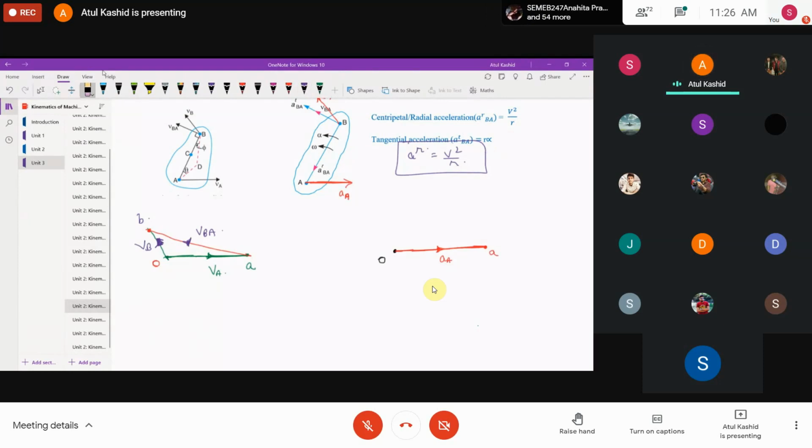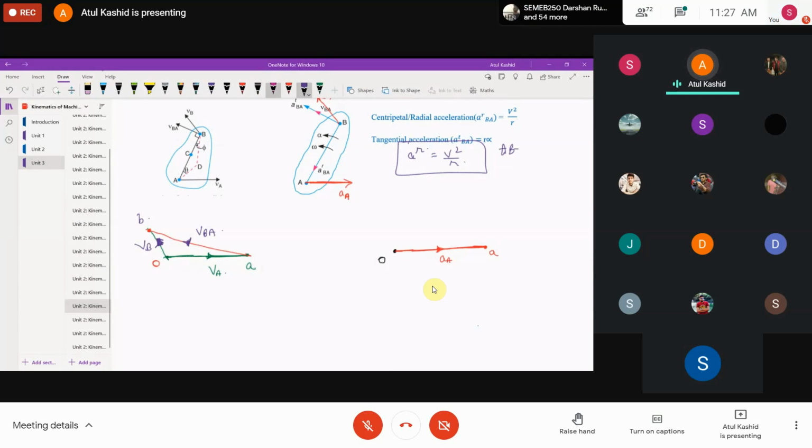We know that radial component of acceleration is parallel to the link. So if we are talking about the link AB, the direction of the radial component of acceleration will be parallel to the AB, right? But towards which side is it going to go?